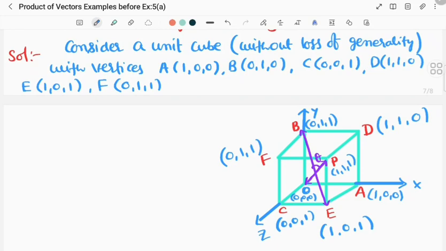After that, P, it is in the space, (1, 1, 1), and the origin, indirectly the center, it is.